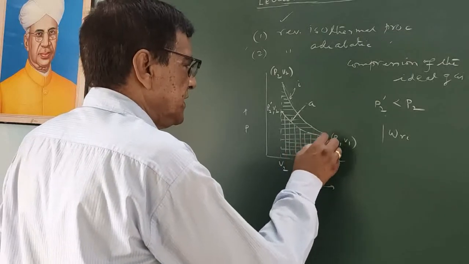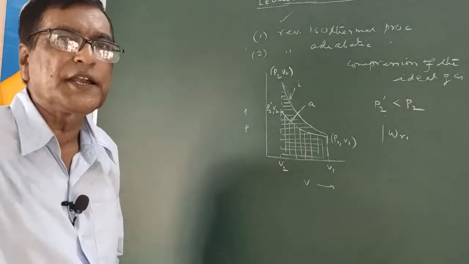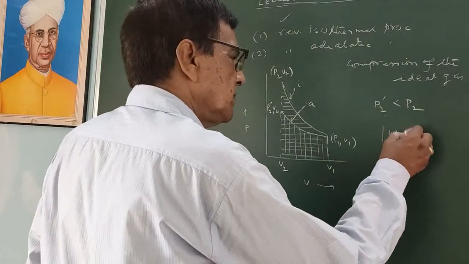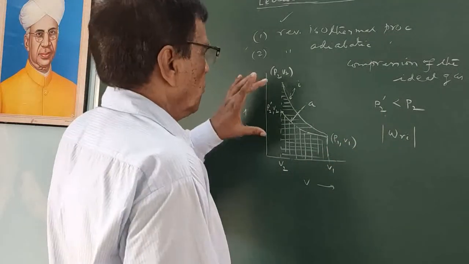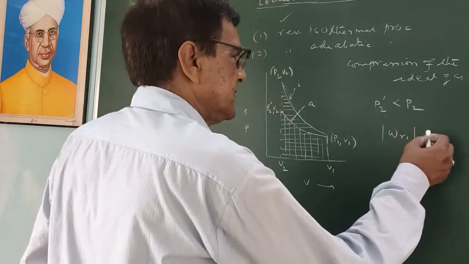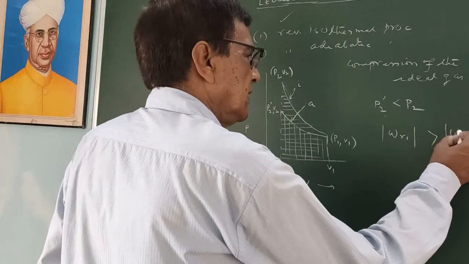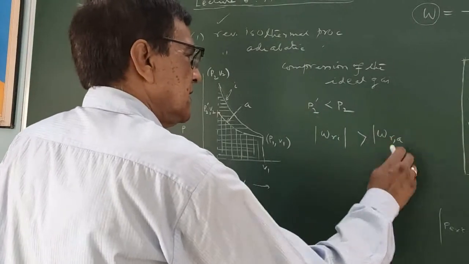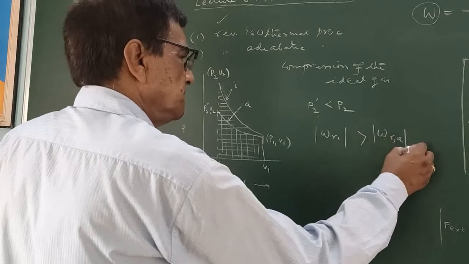So from this indicator diagram, it is seen that the isothermal work done, or the area under the curve of this isothermal process, is greater than the work done in a reversible adiabatic process.